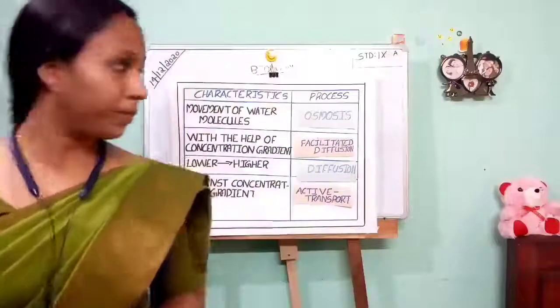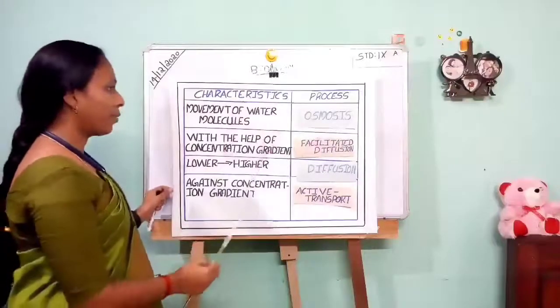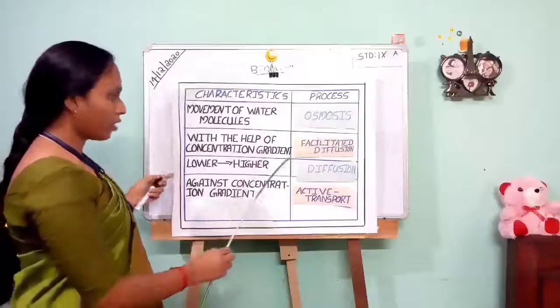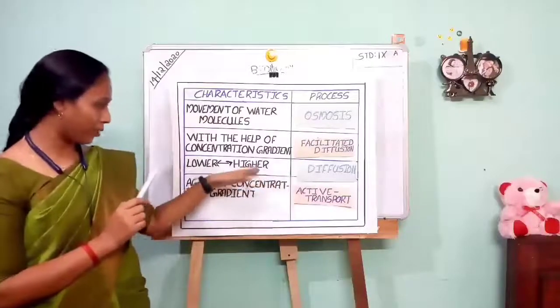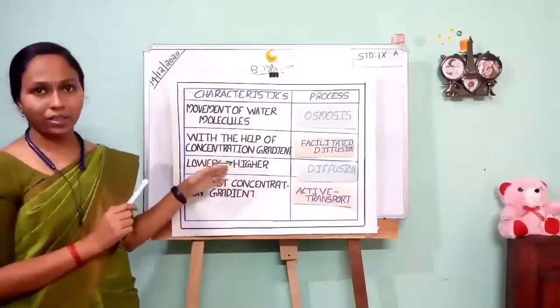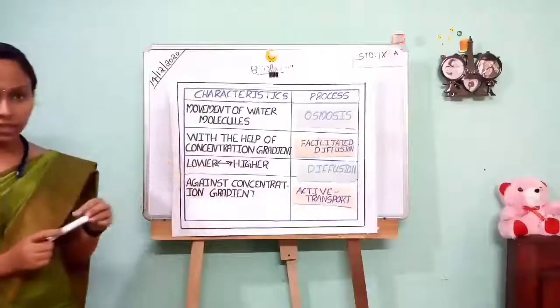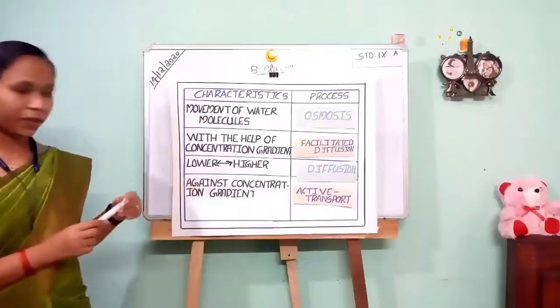Are you clear? Osmosis is the movement of water molecule. Facilitated diffusion is carried out with the help of a concentration gradient. Next is the diffusion. It will take place from region of higher concentration to region of lower concentration. And the next is the active transport.